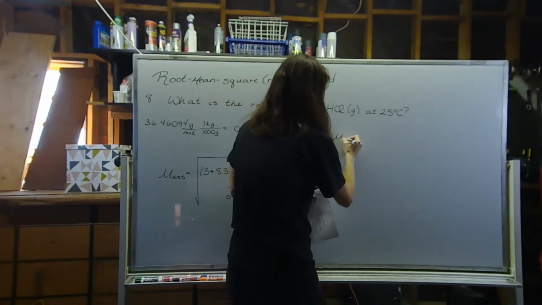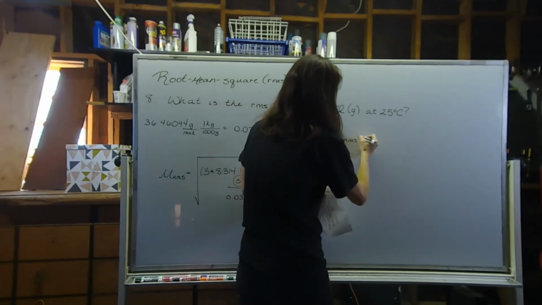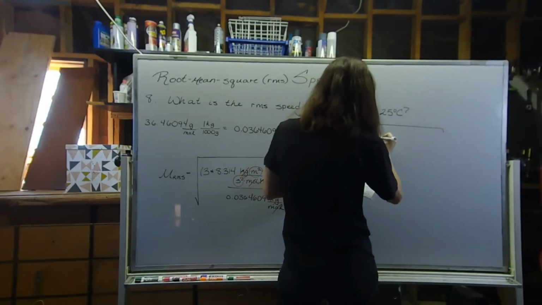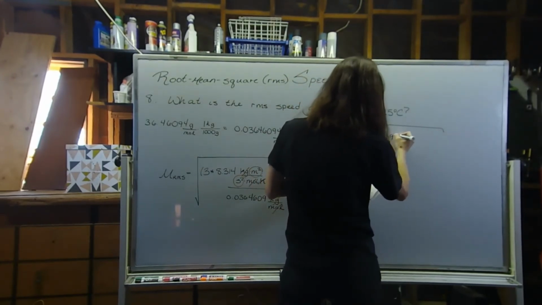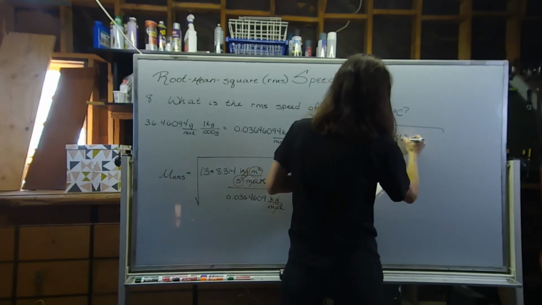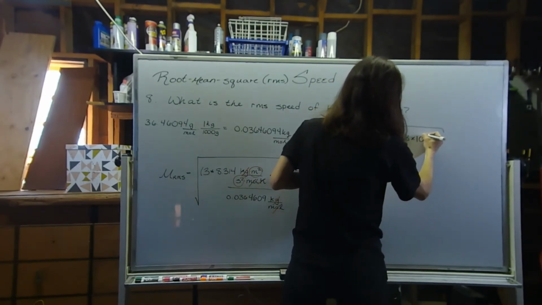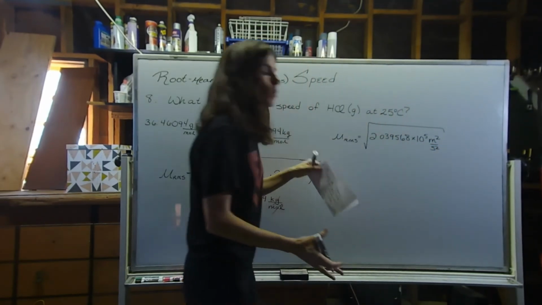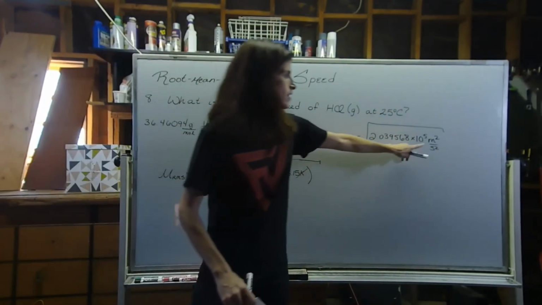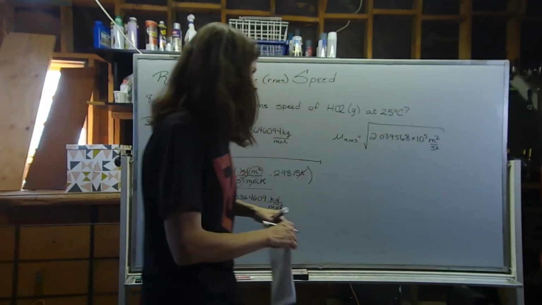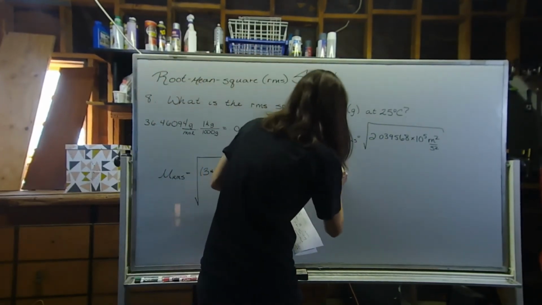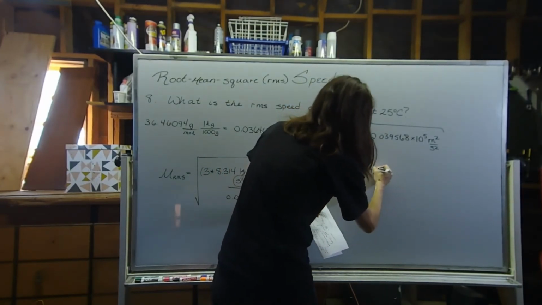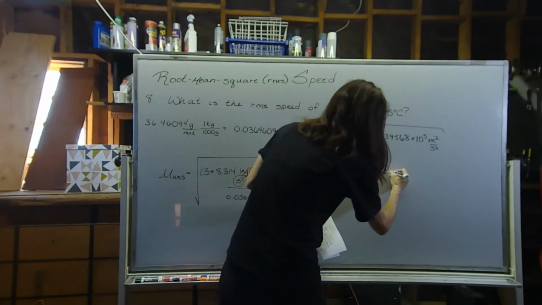Still inside the square root, I got 2.039568 times 10 to the 5th meters squared over seconds squared. Remember, when you take the square root, this is going to become meters per second. So after I did that, I got 452 meters per second.